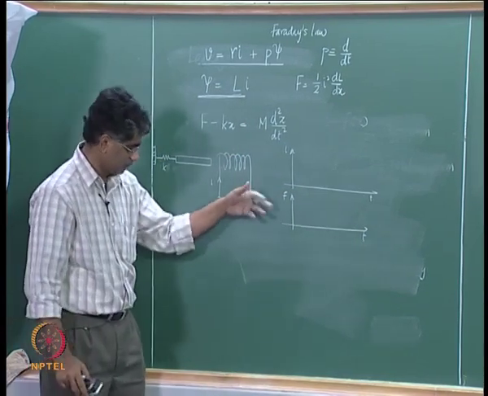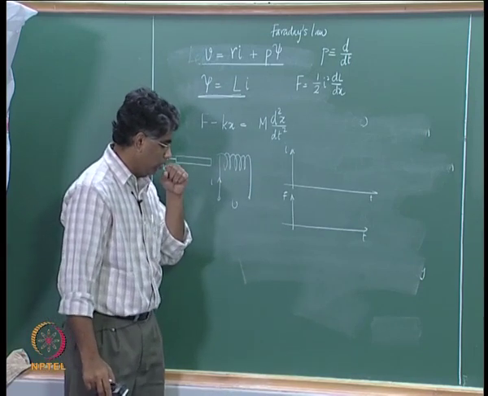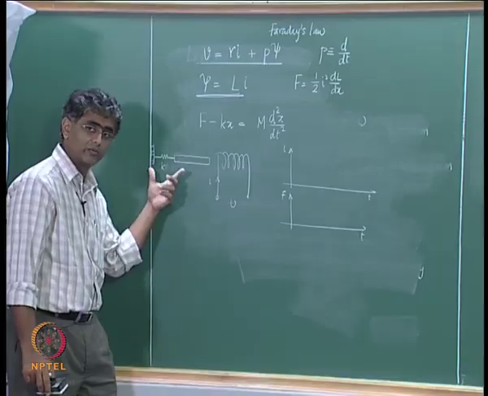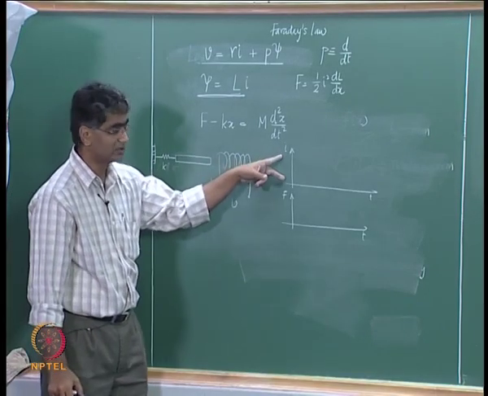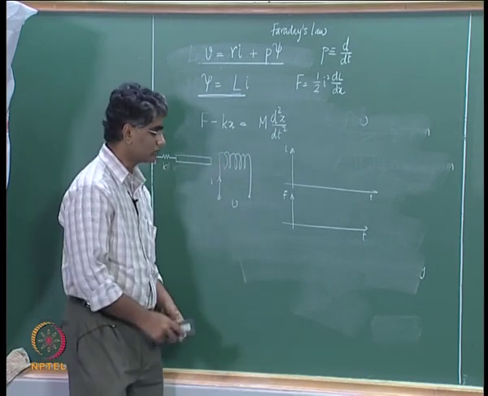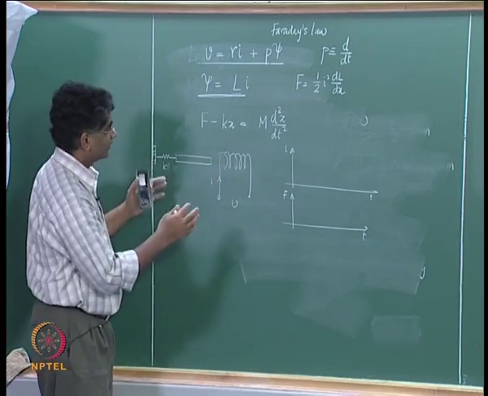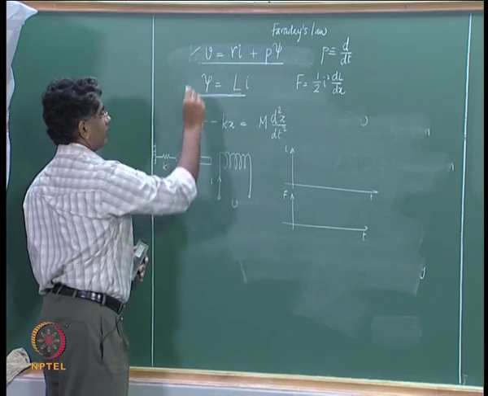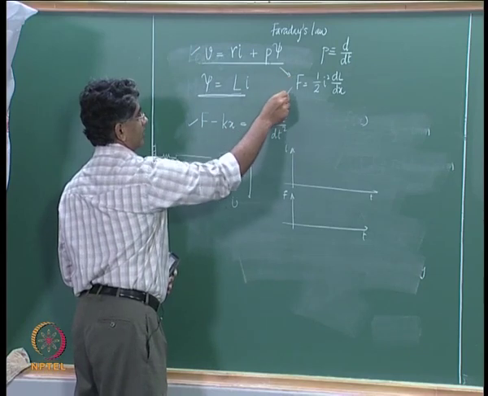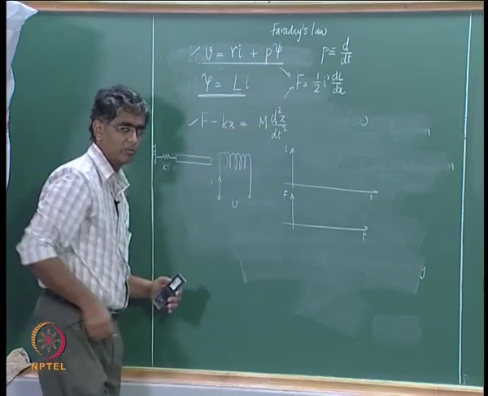This is what is required in order to find out the behavior of the mechanical system, and this is what is required to find out the behavior of the electrical system. So to solve this system as a whole, you need an electrical equation, you need a mechanical equation, and you need something that is going to link the electrical and mechanical parts.